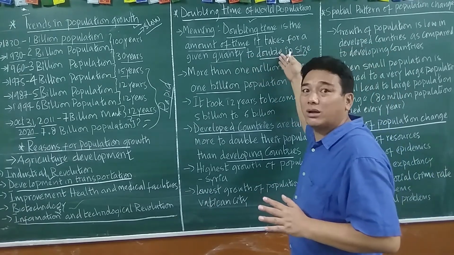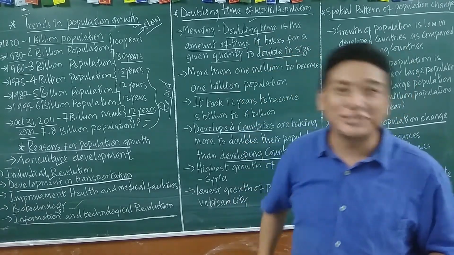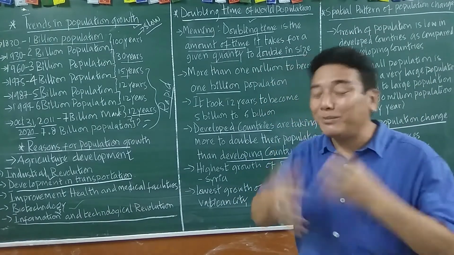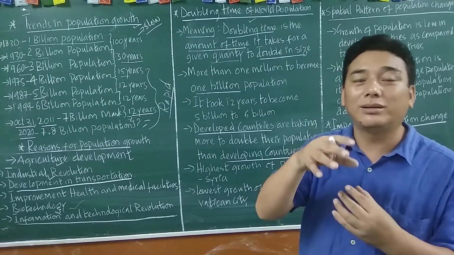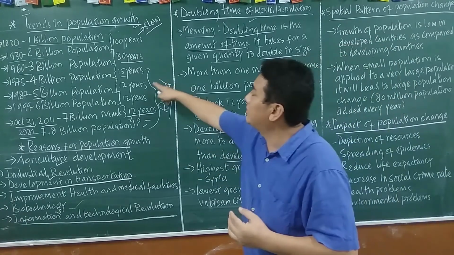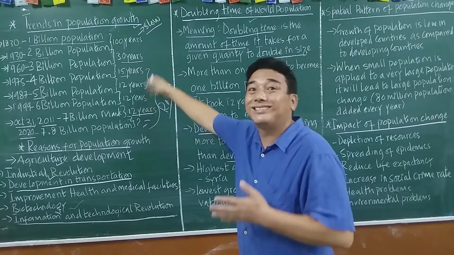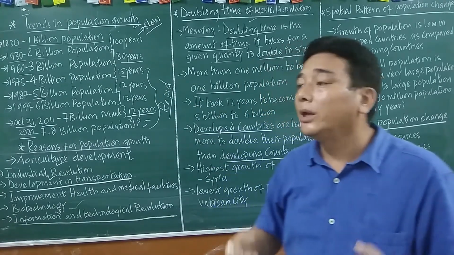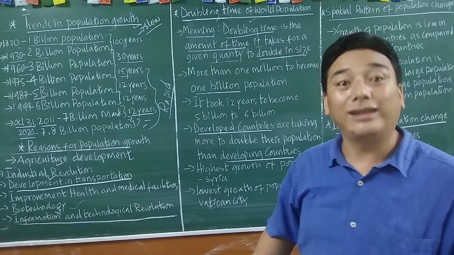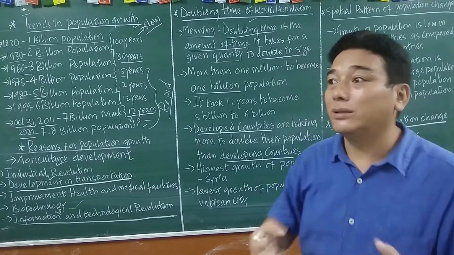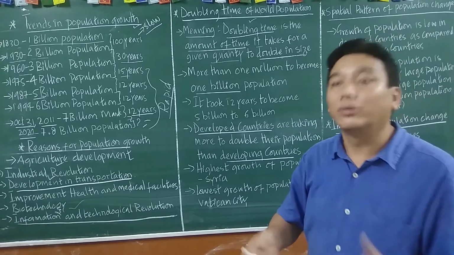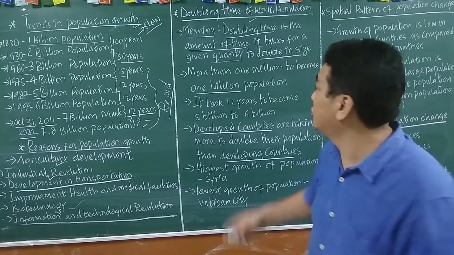For the population, how much time will it take to double? This is about the world's population, and what about the country's population? What about an area's population? In how many years are the populations of places going to double?